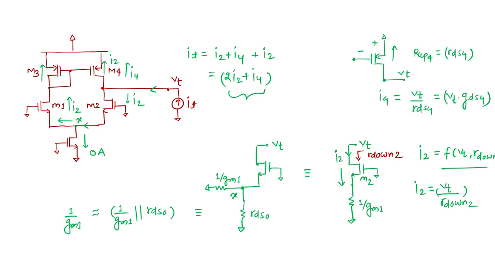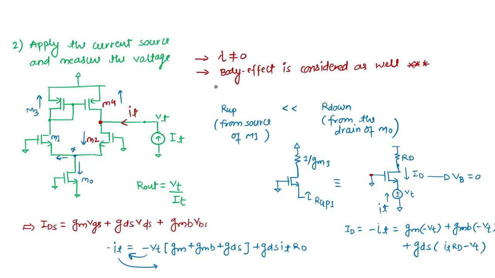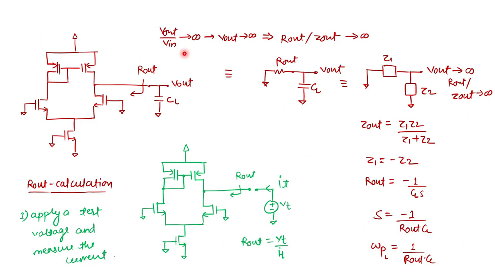Later, you can directly use your intuition about the pole at this node, or the output node. So this is the rigorous way of analysis. Later, you can directly use your intuition about what is happening at this node: the capacitance at this node, and the impedance when we look from the outside, which generally comes as the parallel impedance of these two.